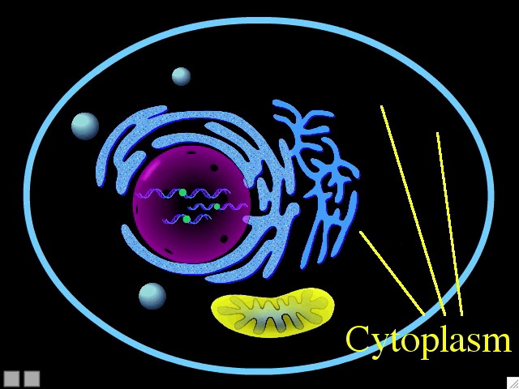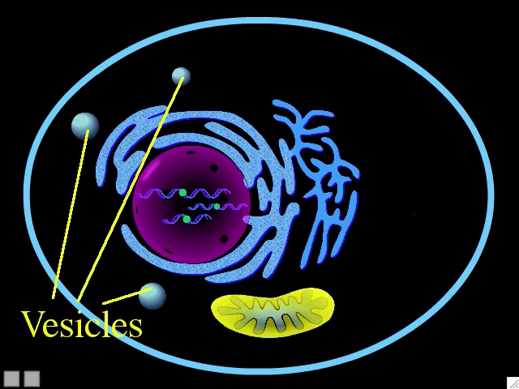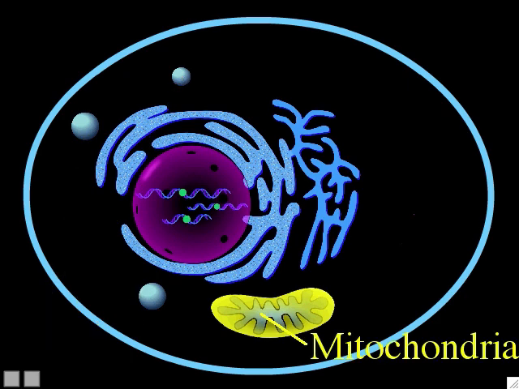We're also going to talk about the cytoplasm, and we're going to talk about the nucleus of the cell. And we're going to talk about the vesicles of the cell. And the last organelle we're going to talk about is called the mitochondria. Okay, so what we're going to do is go through those 5 major organelles one at a time and talk about what their functions are in the cell.